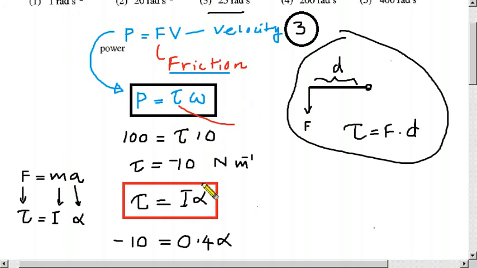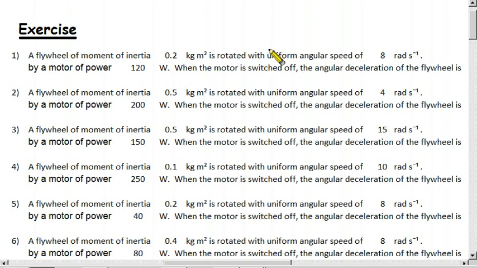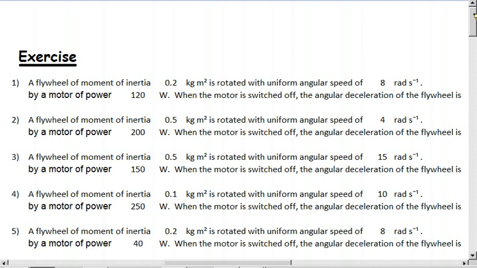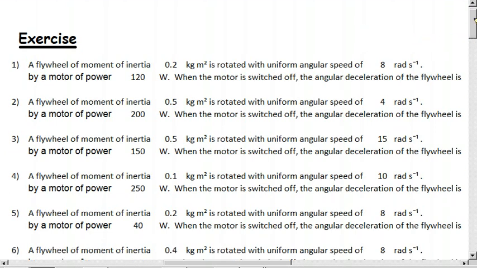When you use these equations, only then can you keep them in your mind, otherwise forgetting is normal. So children, I have prepared some exercises for you. These problems are the same, but I have changed the values, so you can practice those two equations, then you will not forget them.